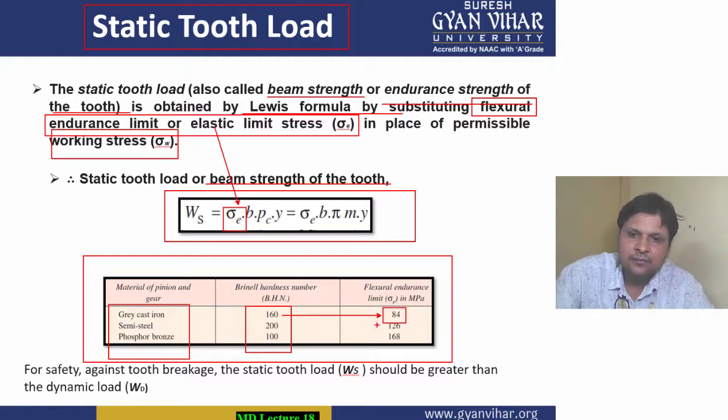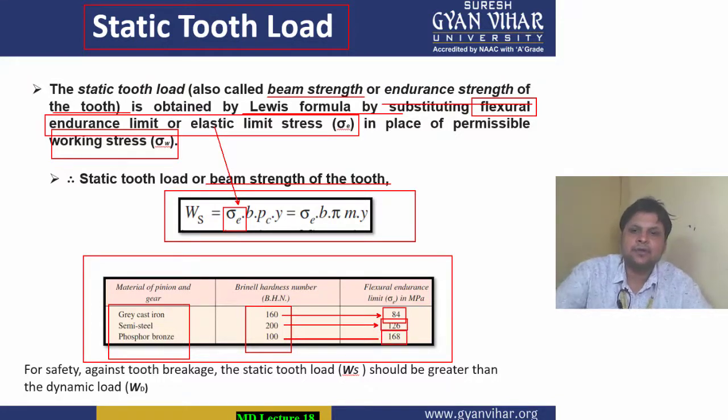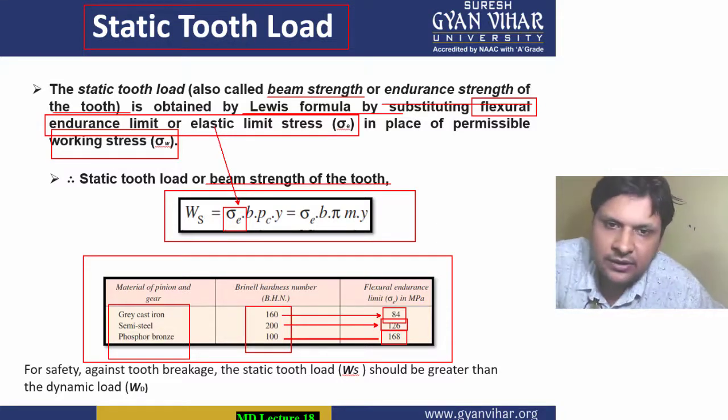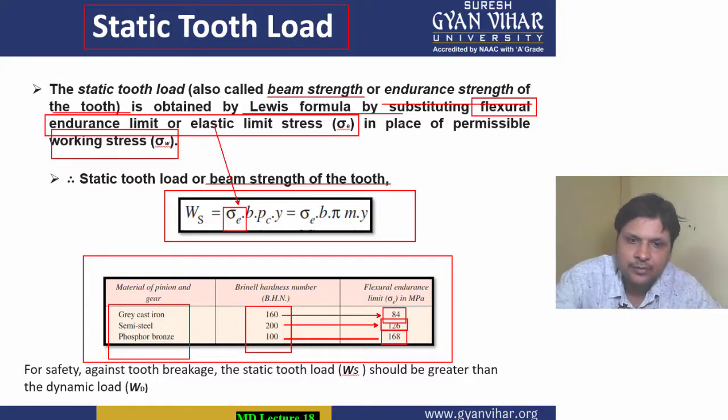Similarly, if the BHN is 200, the endurance limit will be 126. And if the BHN is 250, then the value will be 168. So this chart will help you find the value of the flexural endurance limit of the material.